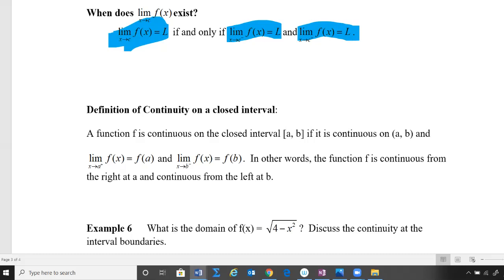Both have to exist, and both have to be equal. So, if and only if. Everything has to be perfect for this. Both of these must exist, otherwise this one does not.